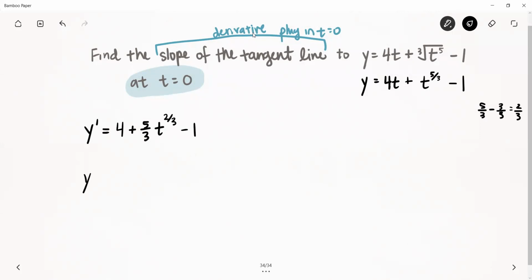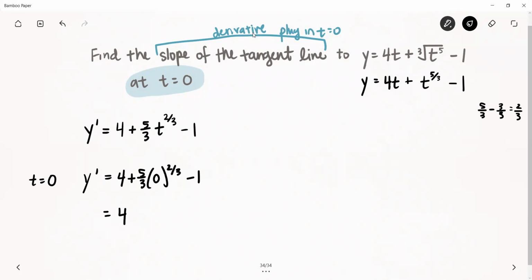So y prime is 4 plus 5/3. Plug in 0. I'm going to put on the side here that I'm plugging in 0. I should note that, right? And so 4 is going to be 4. 5/3 times 0 to the 2/3.